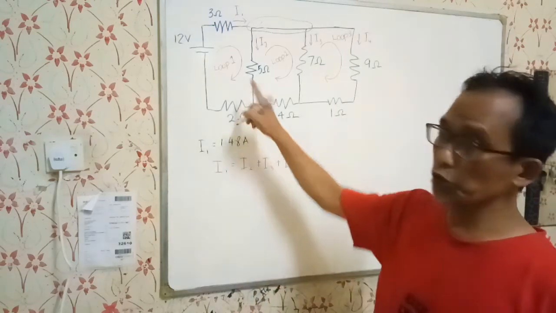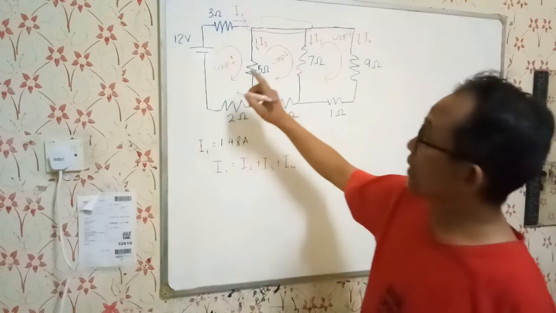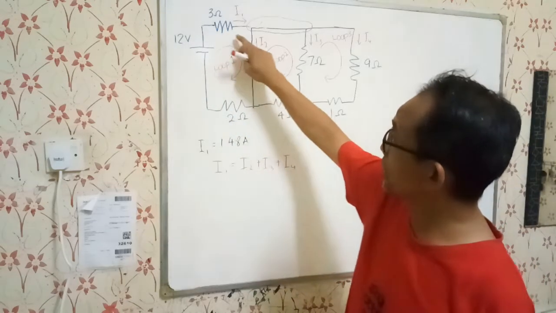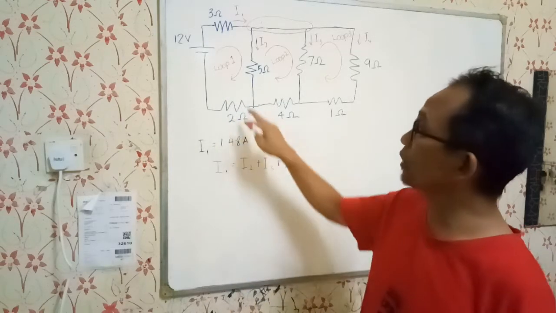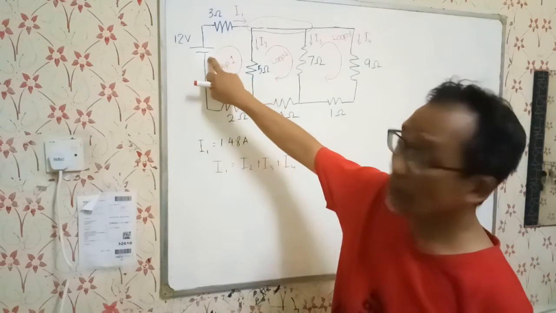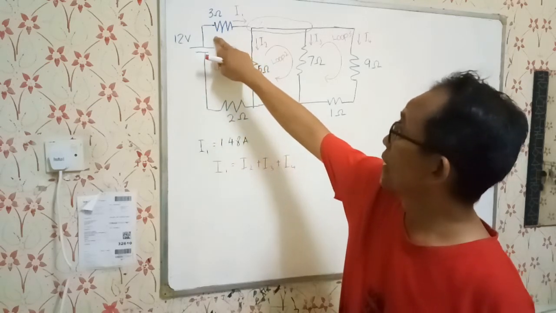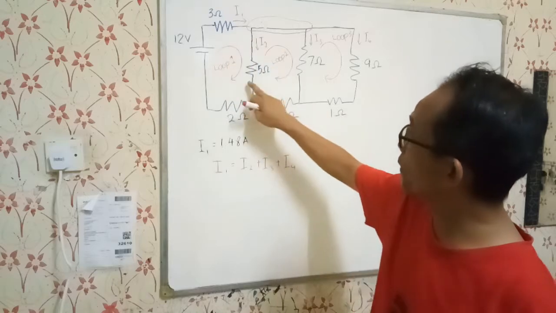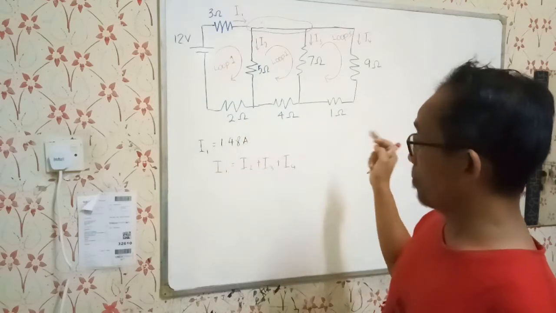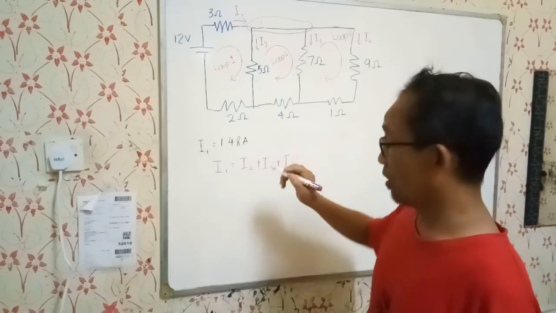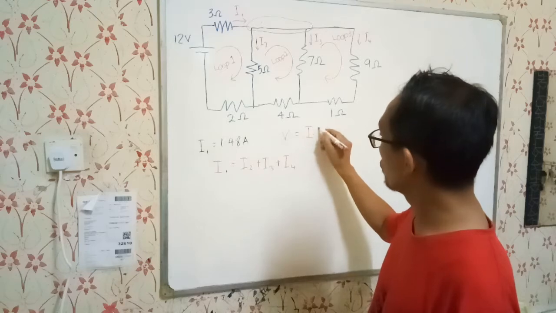So for the first loop, the loop rule says that the sum of all the voltages around this loop equals 0. There will be a voltage rise when it passes through the battery, and then there will be voltage drops passing through the 3 ohm resistor, 5 ohm resistor, and 2 ohm resistor. And for the voltage drop we apply Ohm's law, V equal to IR.